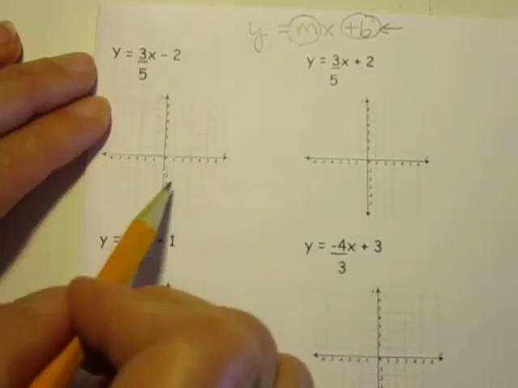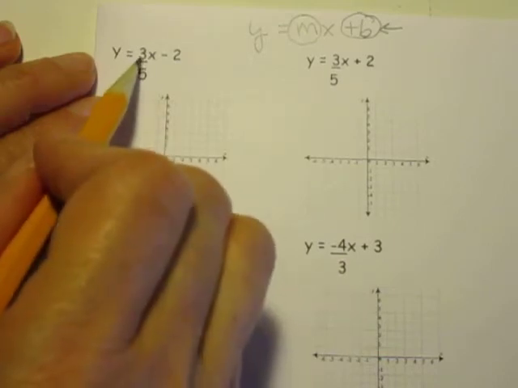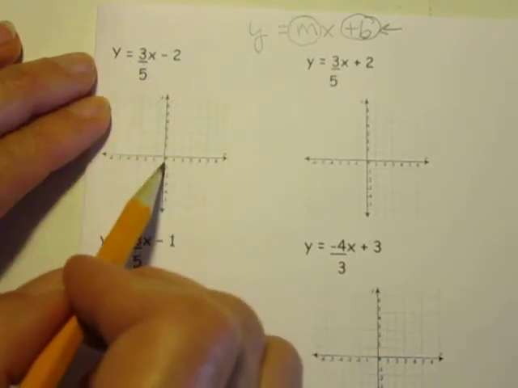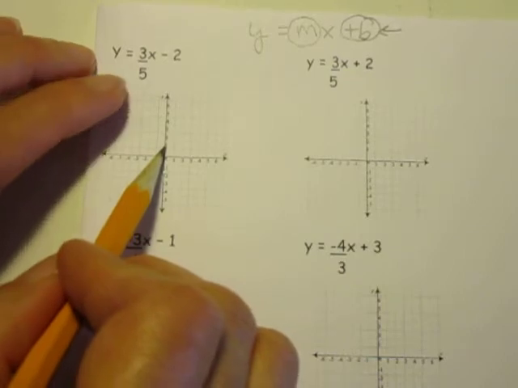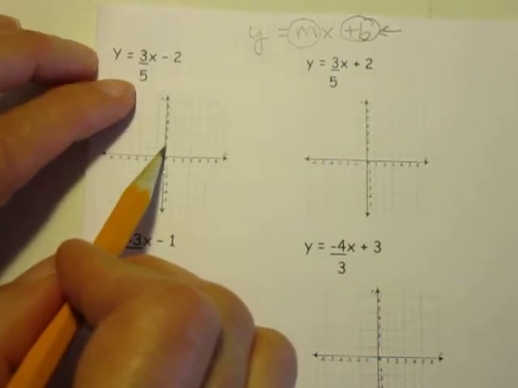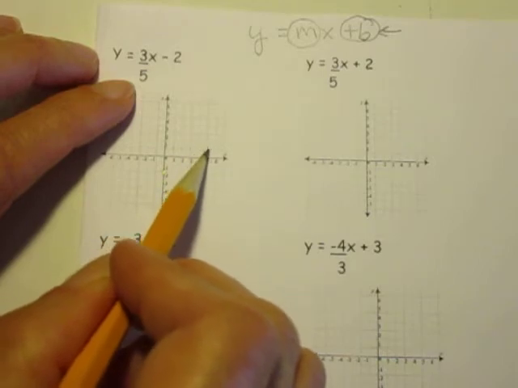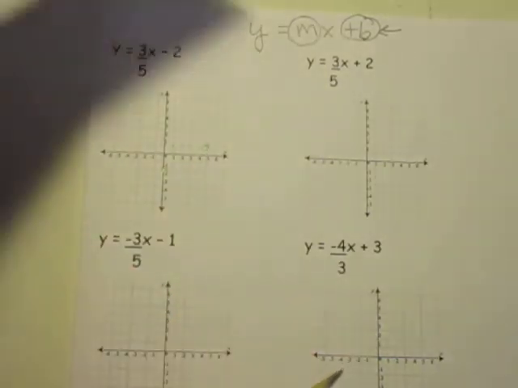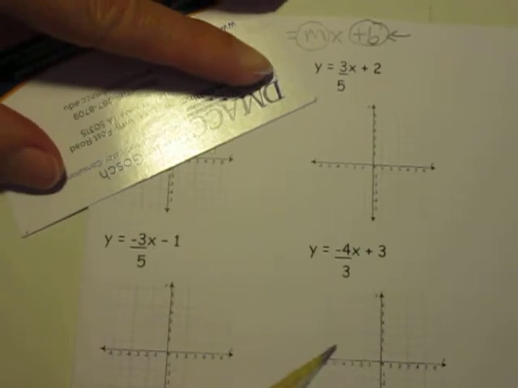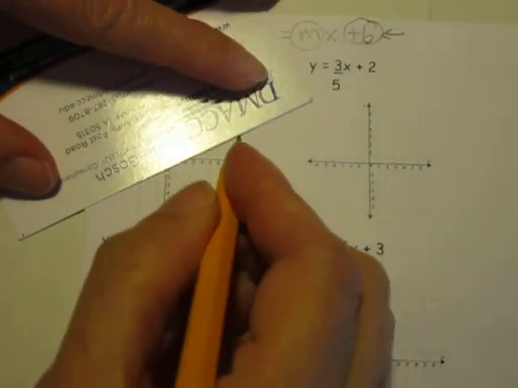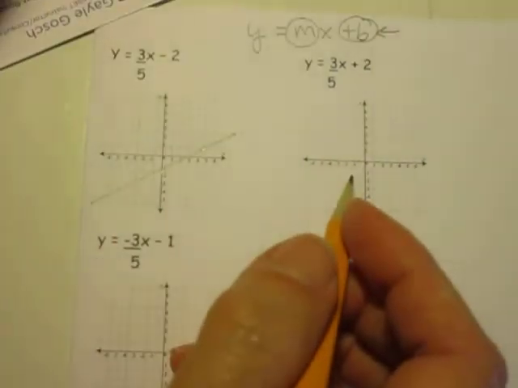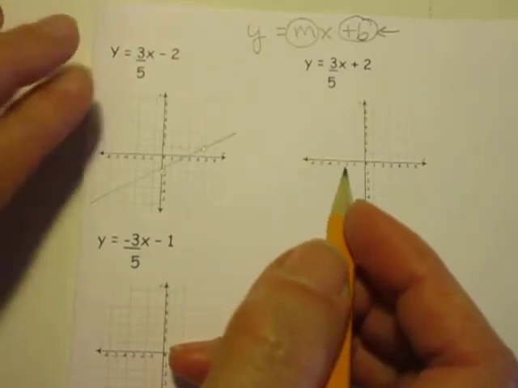So from this point, I have a positive change of 3, so I'm going to count up 3. 1, 2, 3. And then from that point, I'm going to count to the right 5. 1, 2, 3, 4, 5. Those are 2 points that are on my line, so I can take a straight edge and connect those 2 points and see what my line looks like.